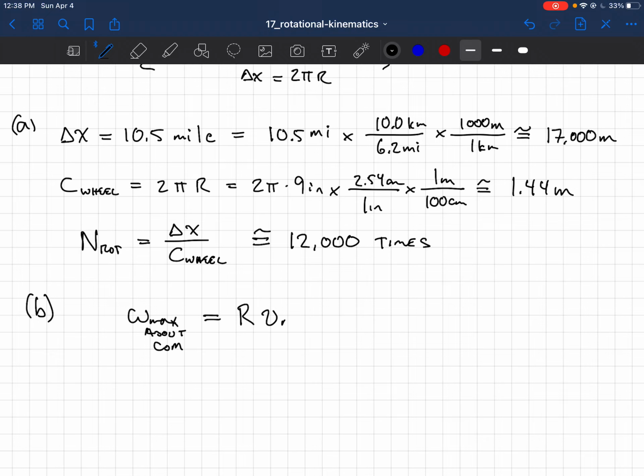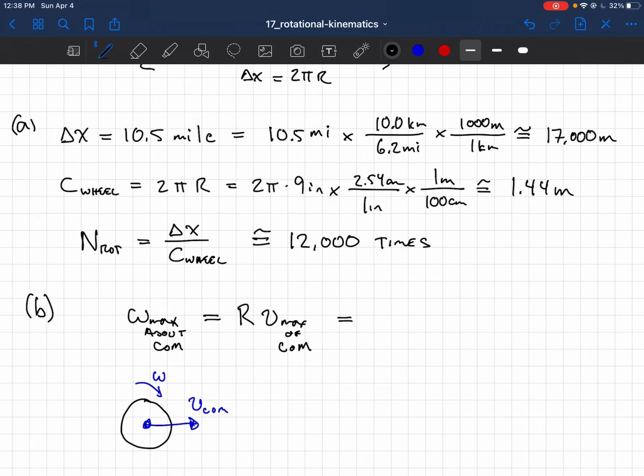It's equal to v max of the center of mass over r. If we know the maximum speed of the wheel, here's the wheel of your tire, and it's going along with some v center of mass, well, that's exactly the speed of your car. Then we can figure out what omega is for that thing.